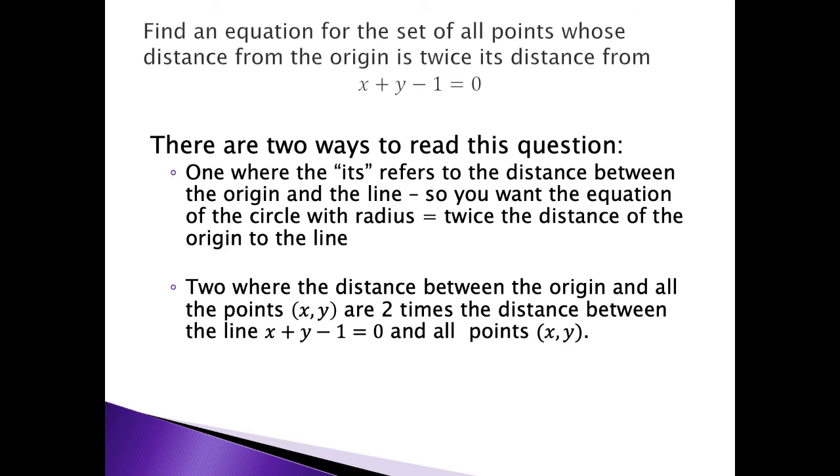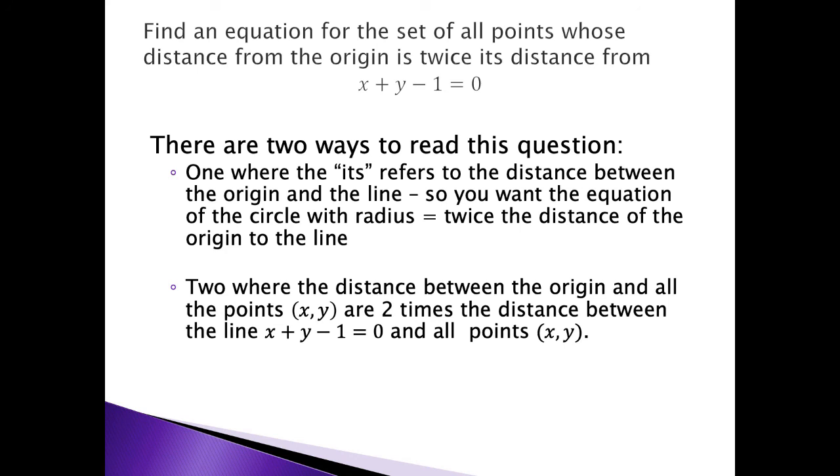Okay? The top way is really easy. So you calculate the distance from the origin to the line, and your radius is twice that distance, and you got a circle. The second one is you have the distance, so the distance formula equals twice the distance from the point (x, y).